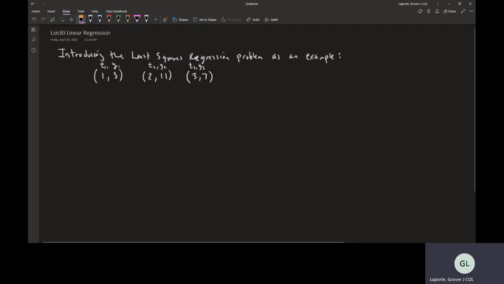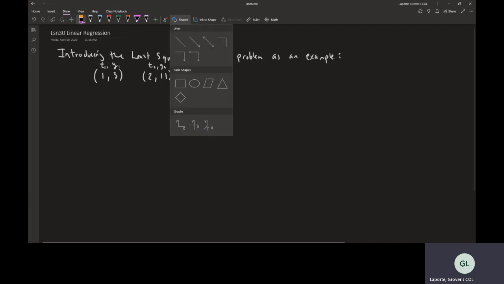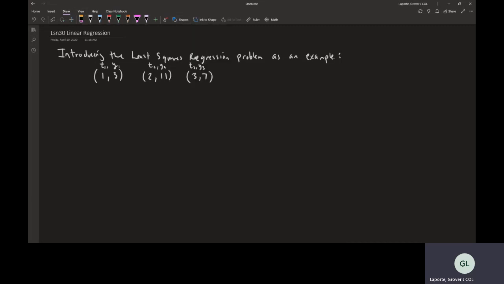Let's go back, and I'm going to spread it out a little bit on the t-axis. So this is my t-axis, and this is my y-axis. So 1, 2, and 3, and then I have to squeeze in the y-axis because I need to get up to 11.